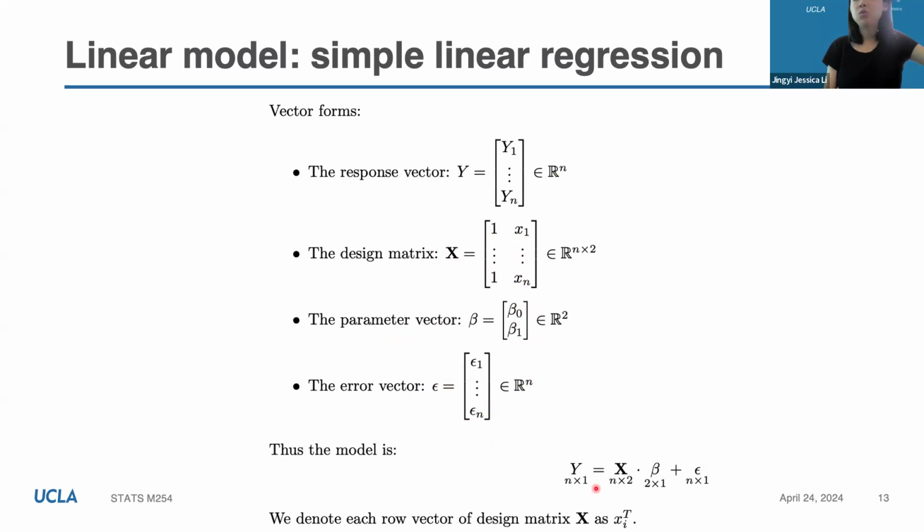Using those notations, we can write the matrix form as y equals X times beta plus epsilon. Here beta is two-dimensional and X is n by 2. You can simply check the dimensionality matching: you will see they are all n by 1 in each term. In particular, for this design matrix, from now on we will denote the ith row as xi transpose, which is two-dimensional here because it includes one term for the intercept and one for the predictor value. Okay, this is simple linear regression.